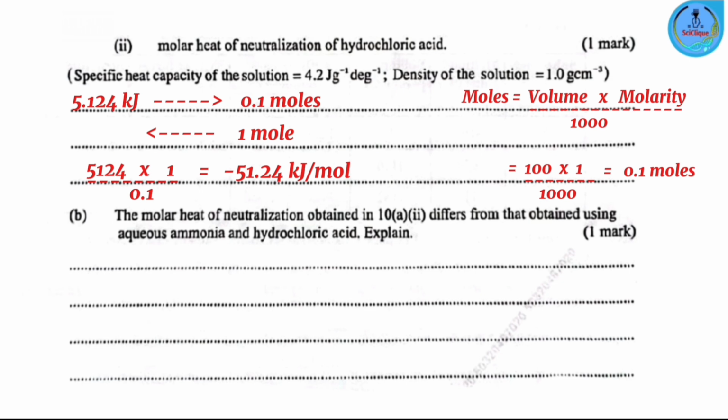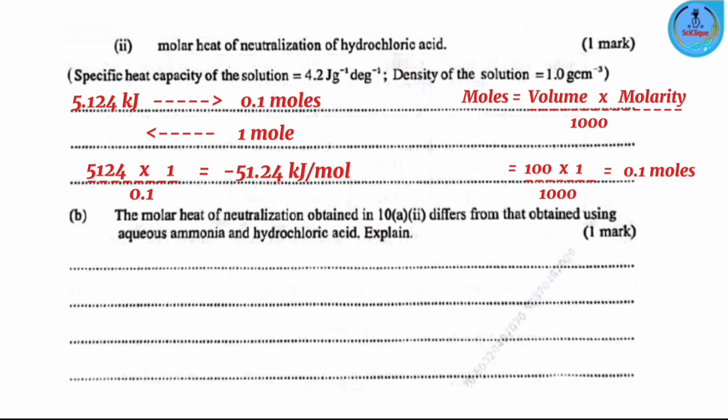Exothermic reactions. Part B. The molar heat of neutralization obtained in 10A Roman 2 differs from that obtained using aqueous ammonia and hydrochloric acid. Explain. Essentially we have 2 sets of experiments. The first one is hydrochloric acid being reacted with sodium hydroxide.